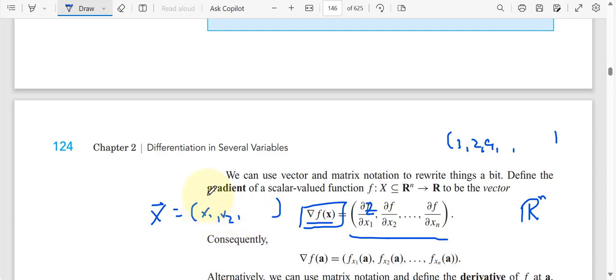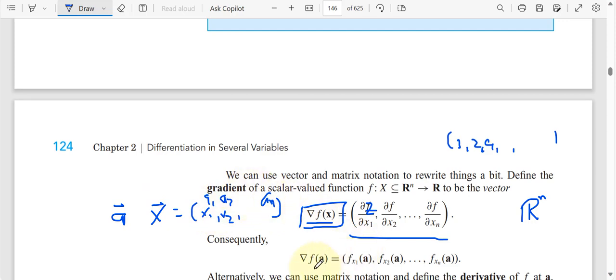For example, when x1 is a1 and x2 is a2, where a1, a2 are particular numbers, and so on up to the end, we'll call that a.